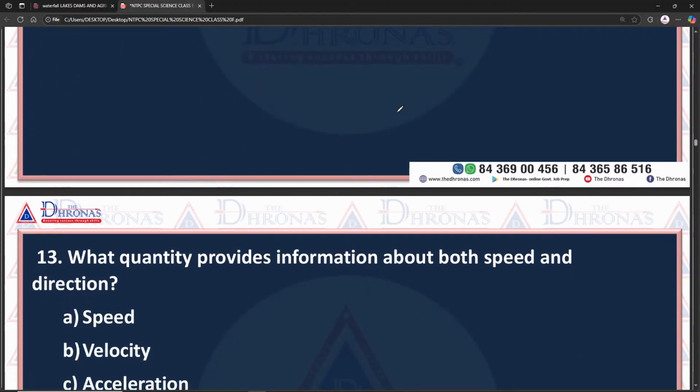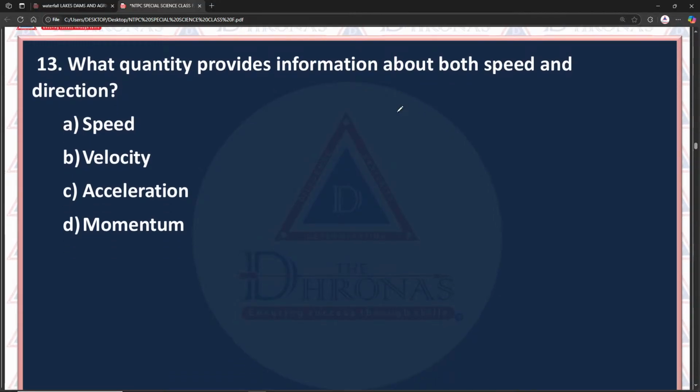Now moving into the next question. 14. What quantity provides information about both speed and direction? If you are giving speed along with direction, which quantity are you expressing? Options: speed, velocity, acceleration, and momentum.